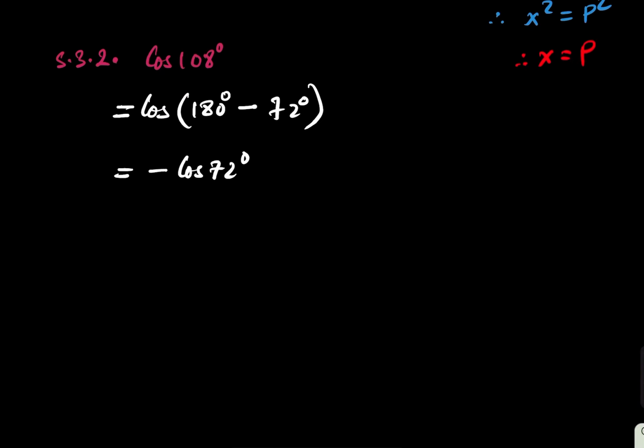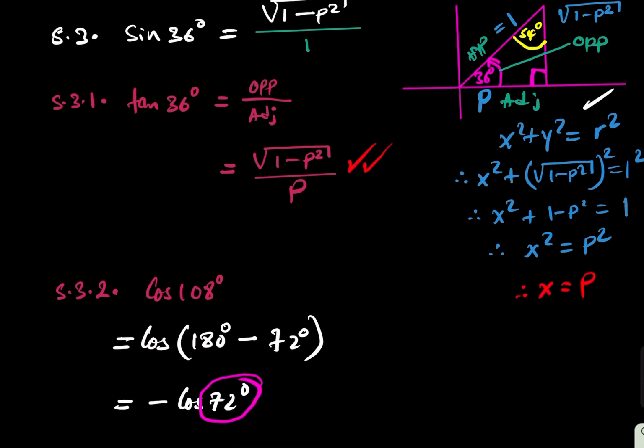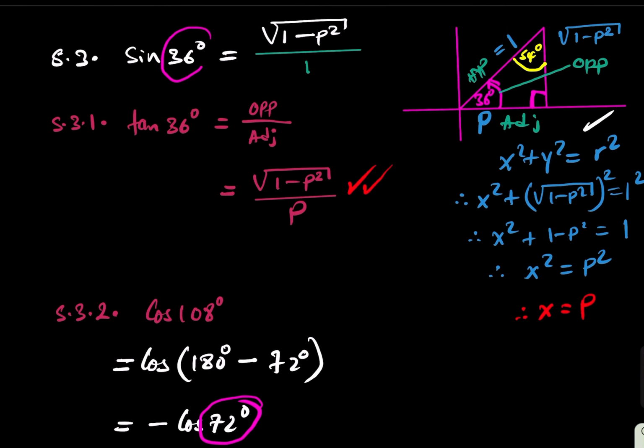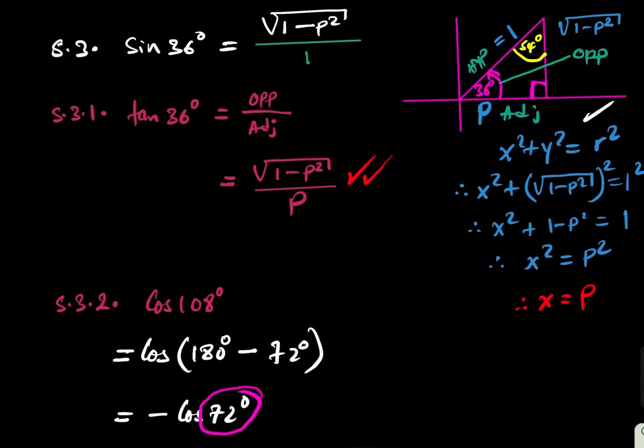Come to think about it, this angle has a relationship with what you are given, which is 36 degrees. There is a mutual relationship between this angle of 72 and the angle of 36 degrees: 72 is twice 36. And that ushers you to your double angle identity.